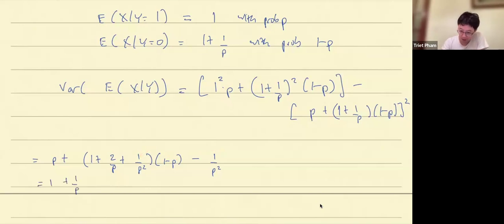Am I missing anything else? 1 over p squared is taken care of, minus 1 over p. Hold on. I think I'm missing a minus 2 here. So 1 is there, the minus p got canceled, and then minus 2. 1 minus 2 should be minus 1. So okay, that's what this whole thing simplifies down to.